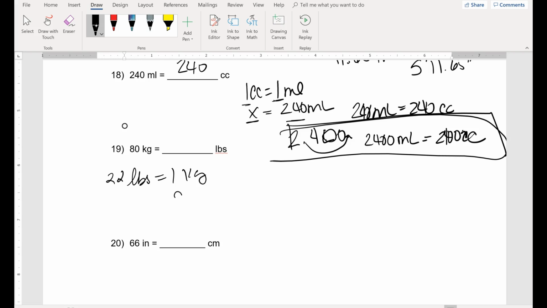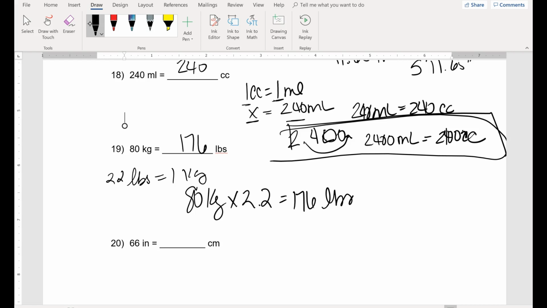So if we have 80 kilos, we multiply by 2.2, my bad, okay? So 80 times 2.2 gives us 176 pounds, okay?